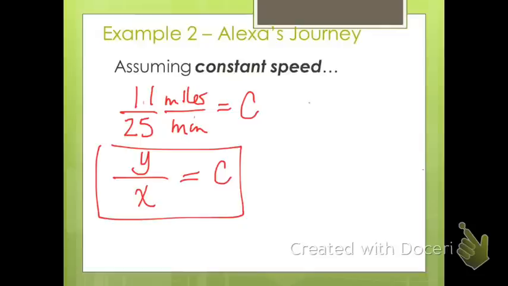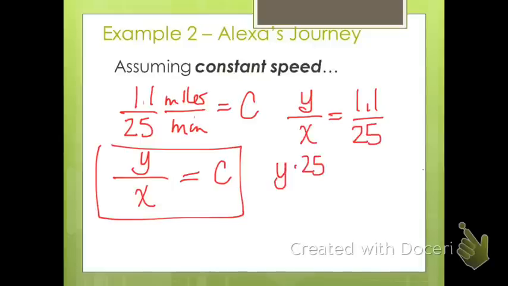So y over x is equal to 1.1 over 25, which leads to y times 25 is equal to x times 1.1.